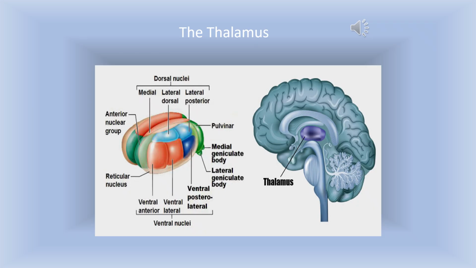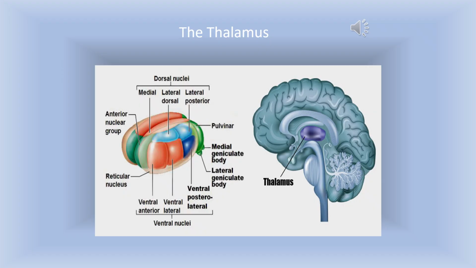So the thalamus becomes the switchboard for incoming sensory signals. And those signals are sent by the thalamus to the appropriate areas of the cerebral cortex where they can be perceived and interpreted.